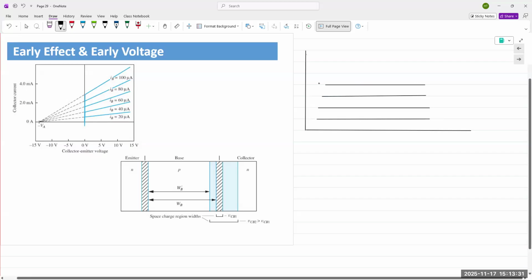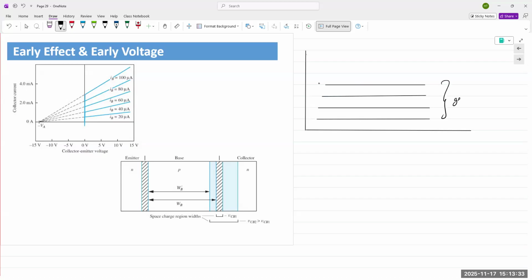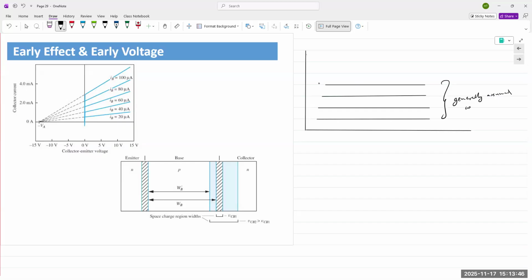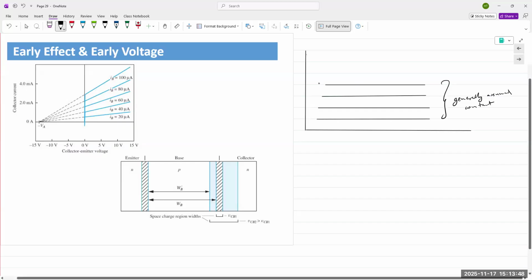Or was there a slight increase? Slight increase. Generally assumed constant, I would say. There are a lot of assumptions and approximations in semiconductor analysis.